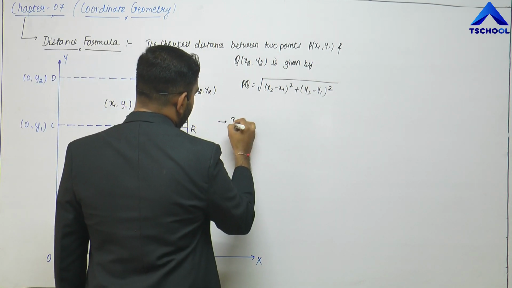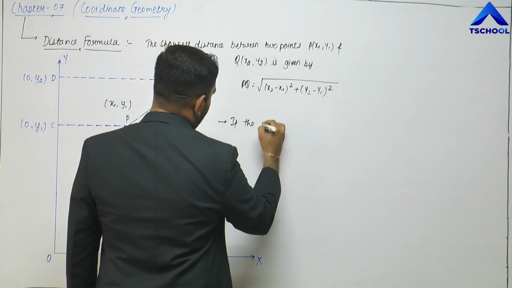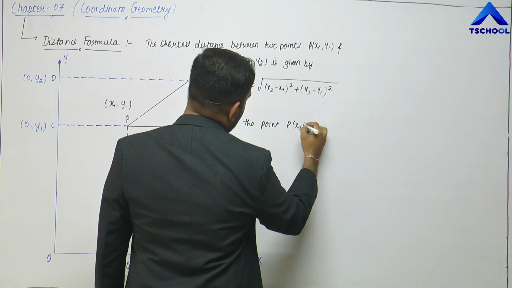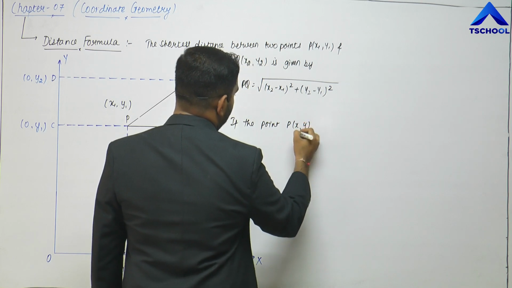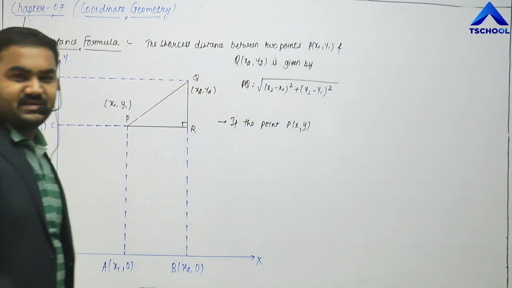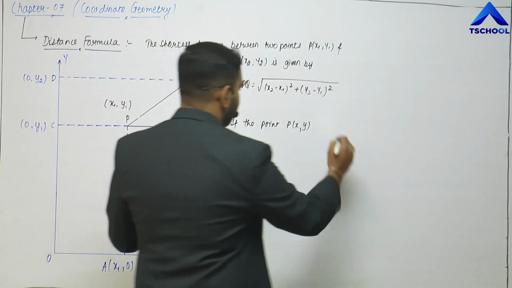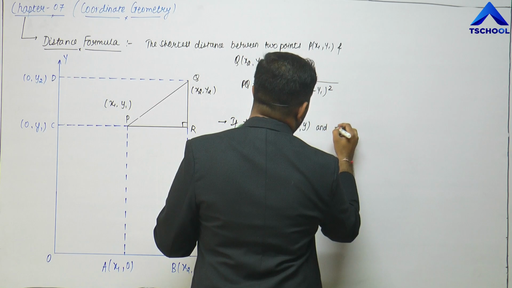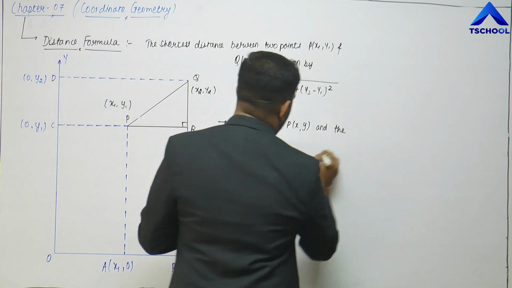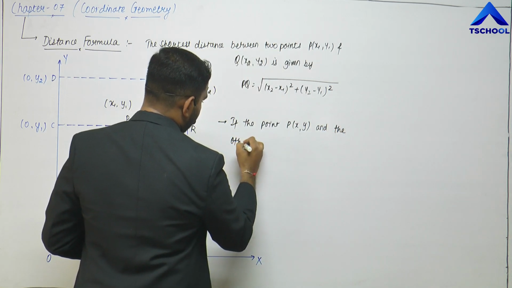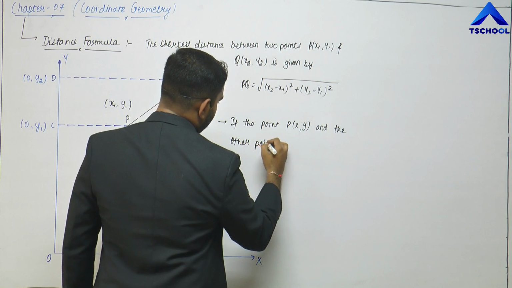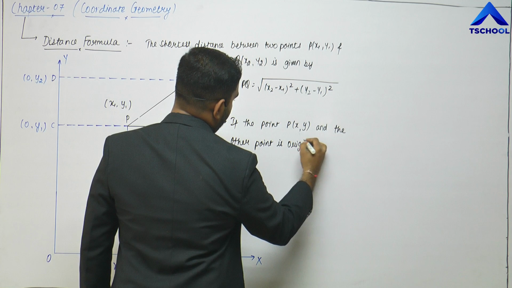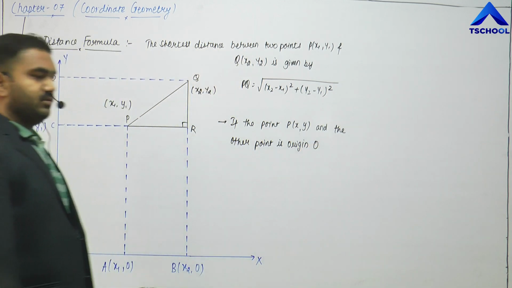now the next point, that if the point P is x comma y, and the other point is origin O, then what?